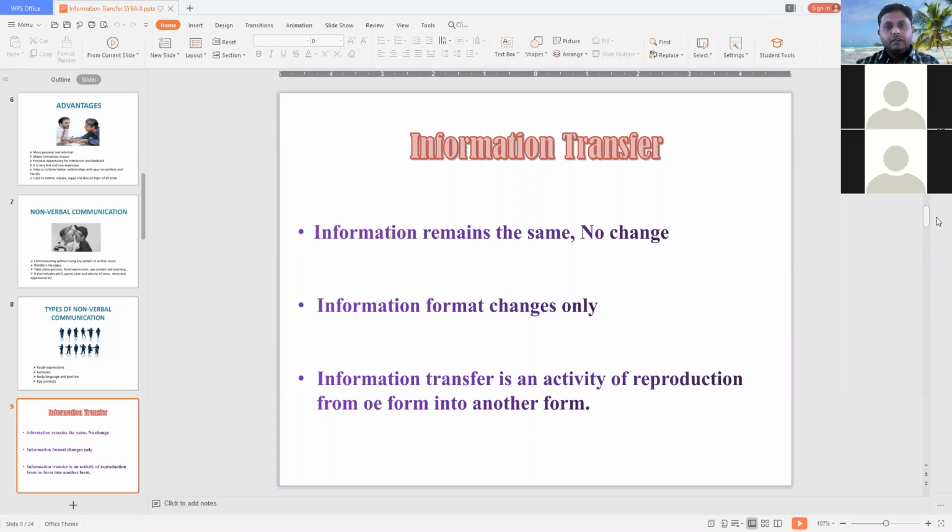A text or a paragraph is changed into a T diagram, or a text is changed into a pie chart. Information transfer is an activity of reproduction from one form into another form.